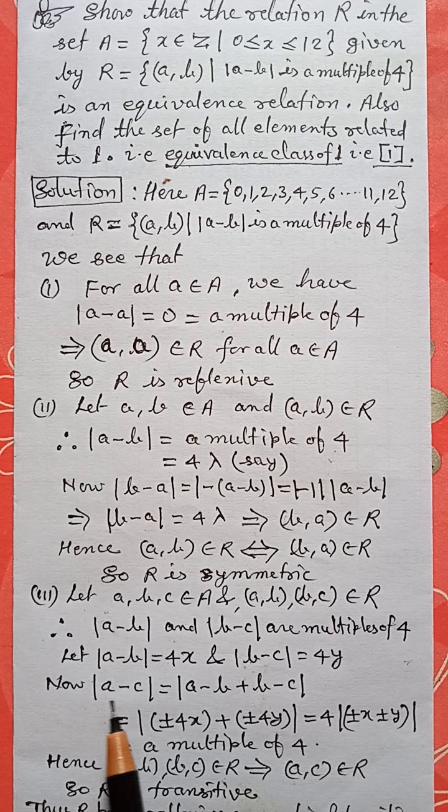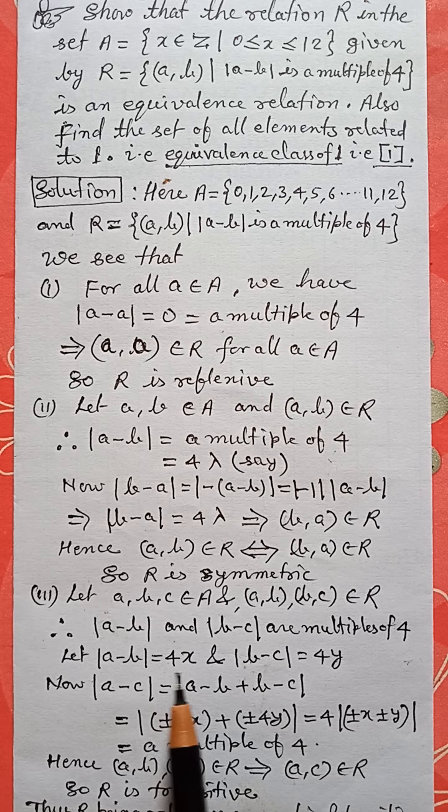Now, modulus of A minus C is equal to modulus of (A minus B) plus (B minus C). B cancels, this is equal to A minus C.